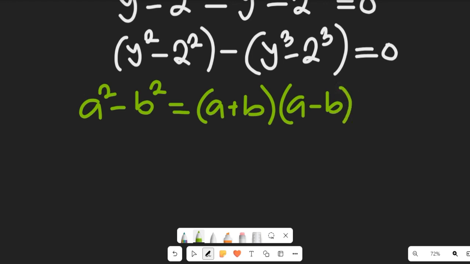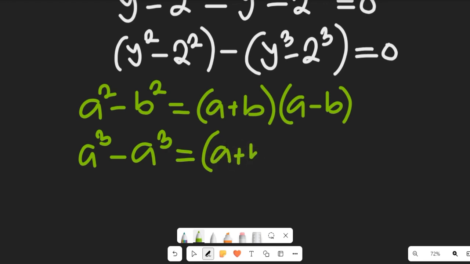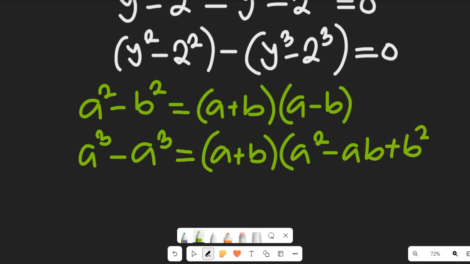So do you remember this algebraic expression? Now recall this. We have a to the power of 3 minus b to the power of 3. This can simply give us a minus b, right? Multiplied by a to the power of 2, right? Plus ab, the first and second, plus the second one squared.